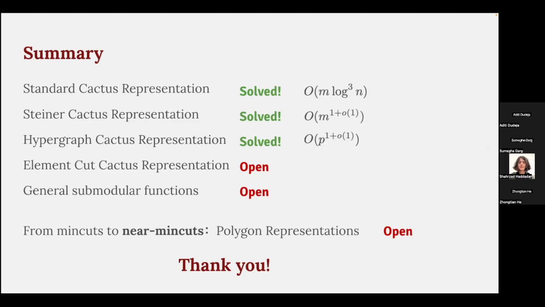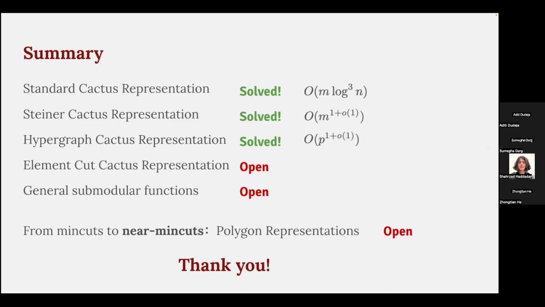In this case, we consider all constant-approximate near min cuts, like 6/5, and we want to preserve all such near min cuts. So there exists a polygon representation, which looks pretty similar to the Cactus, but now the vertices are mapped to points on the plane.